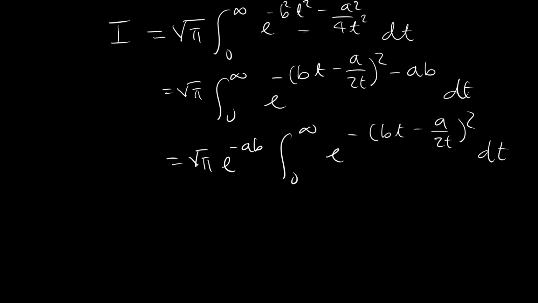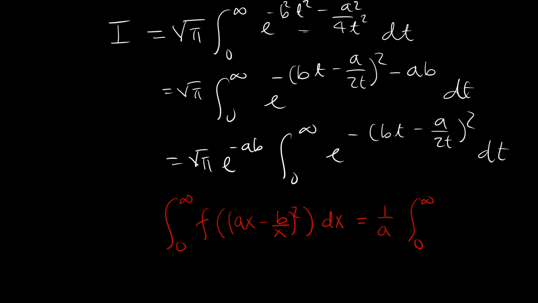Previously we showed that if you have an integral from 0 to infinity of a function f of ax minus b over x squared, that's the same as 1 over a times the integral 0 to infinity of f of x squared.